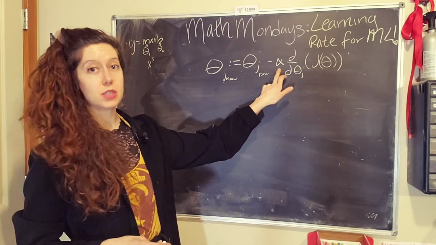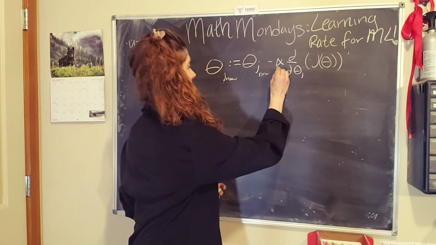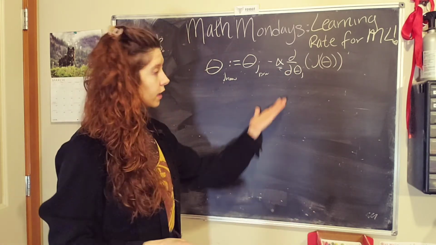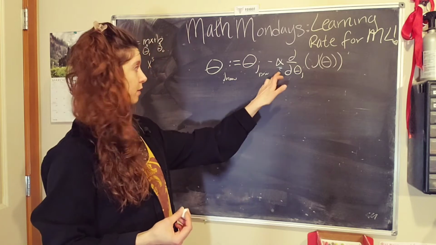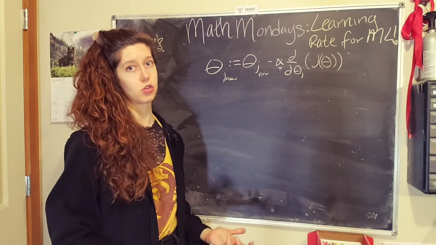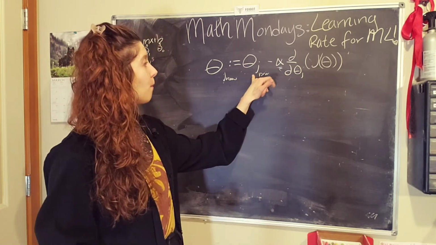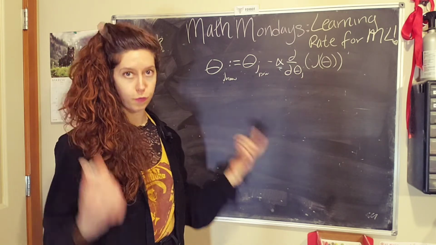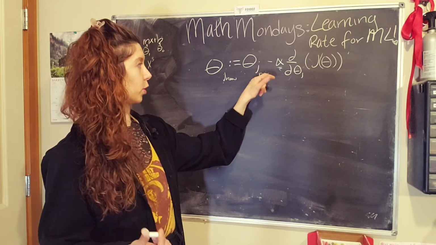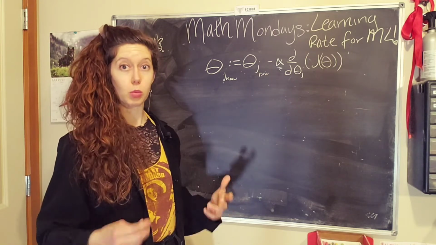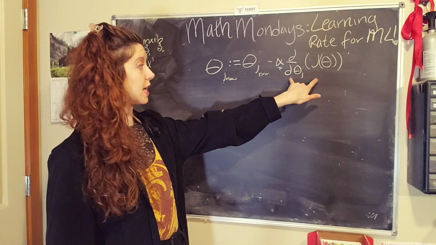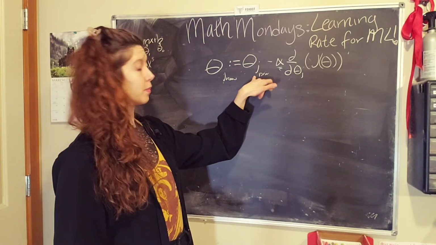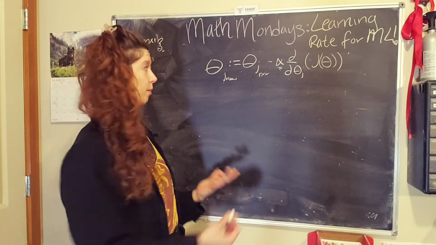So this is the learning rate, and we have some control over what this is. And if we look at it from a mathematical perspective, we can think of this as a scaling factor. Basically, how much do we want to move from this previous parameter? In other words, if the learning rate is really, really big, we are going to take a really big step. We're going to subtract a big number from this parameter and get a very different number.